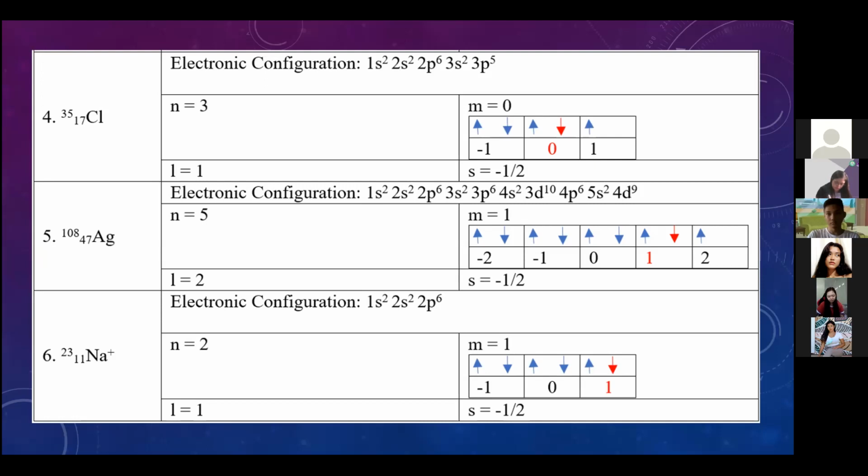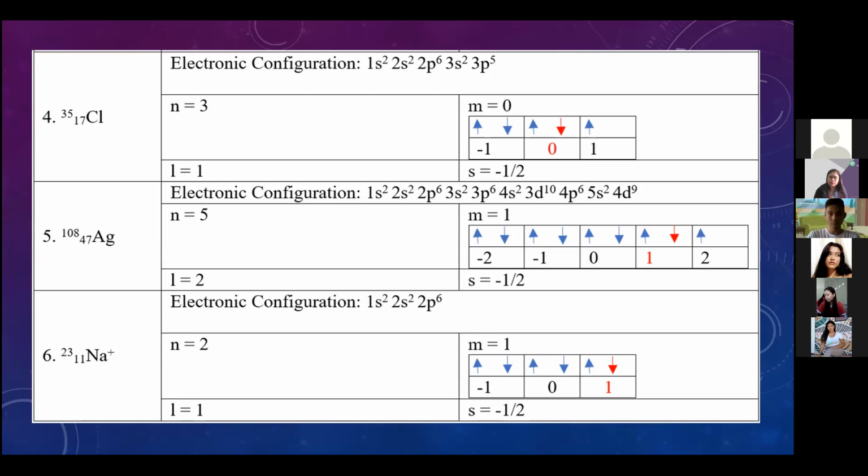Now, proceeding with the principal quantum number, or our main energy level, we will just look at its biggest number. Looking at the electronic configuration, the biggest number is 3. Thus, n is equal to 3. Now for the angular quantum number, it is the subshell of the electron energy level.